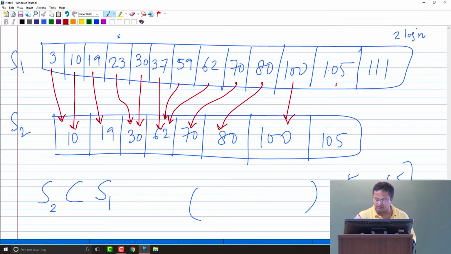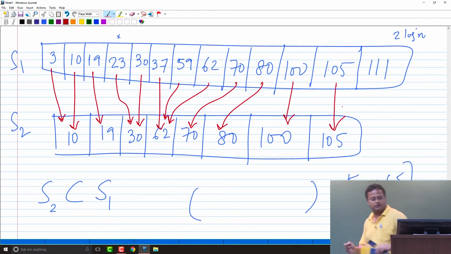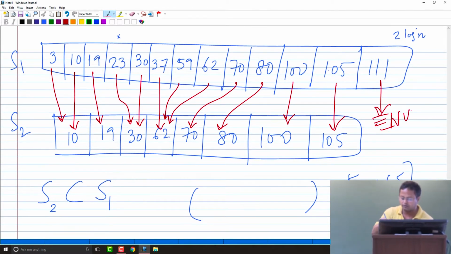The last part I had just messed up, this was not a good example. And no, as this has nothing to go to, just make it a null pointer, point it to null.